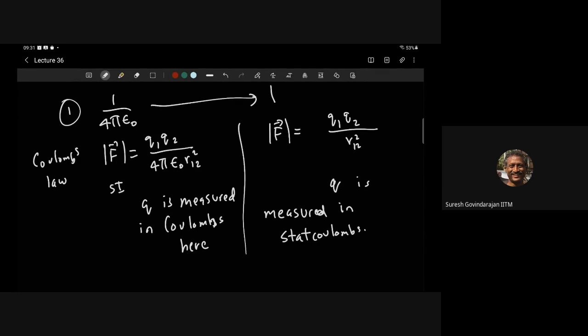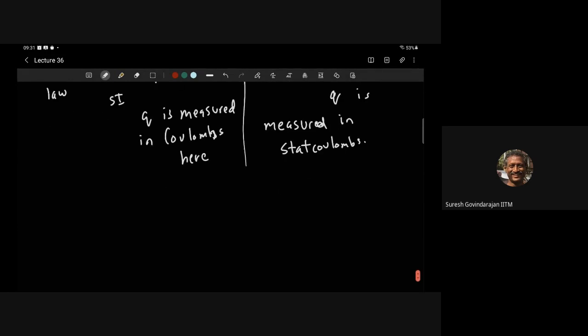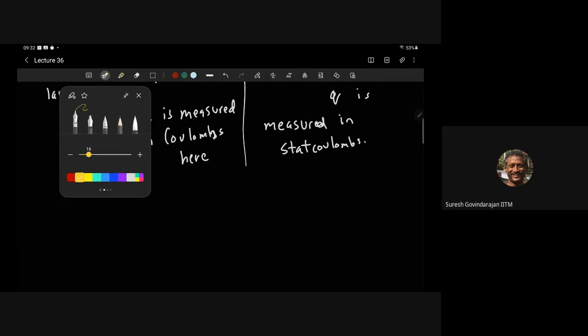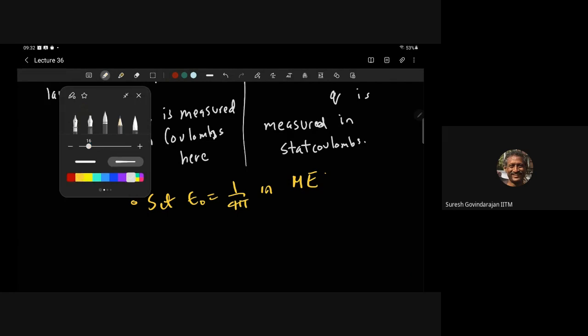So thumb rule: Q, of course, has to be written in coulombs, becoming stat coulombs. I'm assuming that, but for equations, okay. So equivalently, set epsilon naught equal to 1 by 4 pi in ME. This is what you need to do. Okay. So this is the first change.